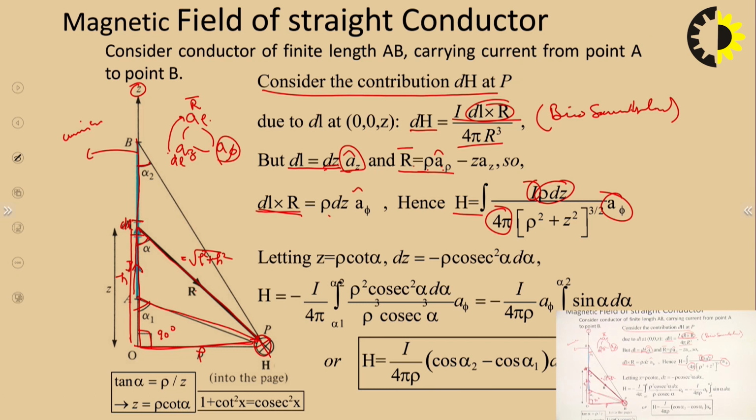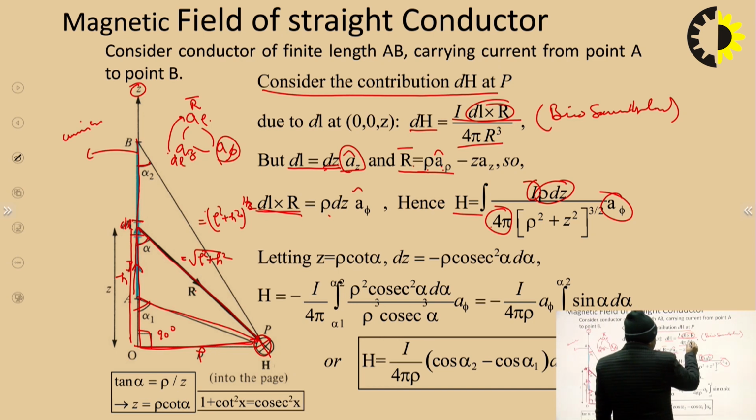We put this value there, so r is equal to rho square plus h square raised to power 1 by 2. Since this is r cube, the power is 3 by 2.